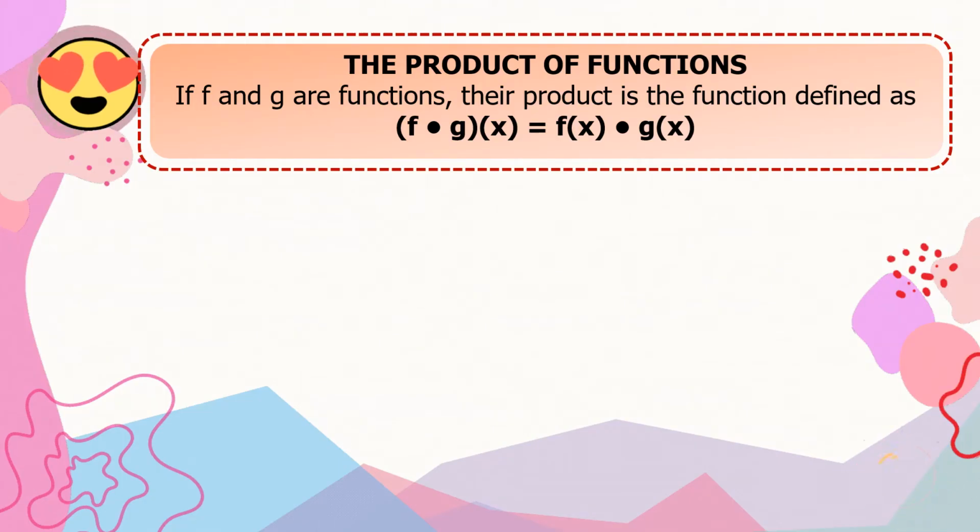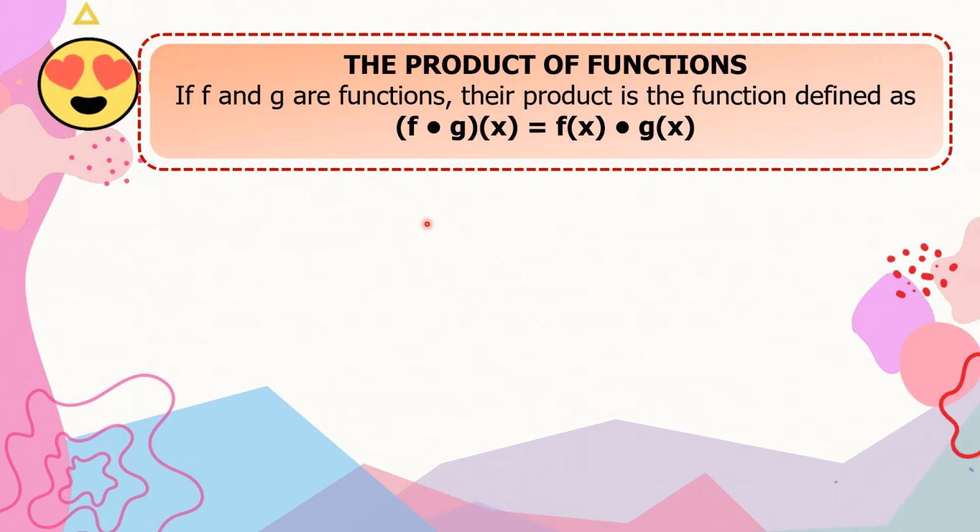Paano natin kukunin ang product of functions? So by the definition, sinasabing if f and g are functions, their product is the function defined as f times g of x is equal to f of x times g of x.